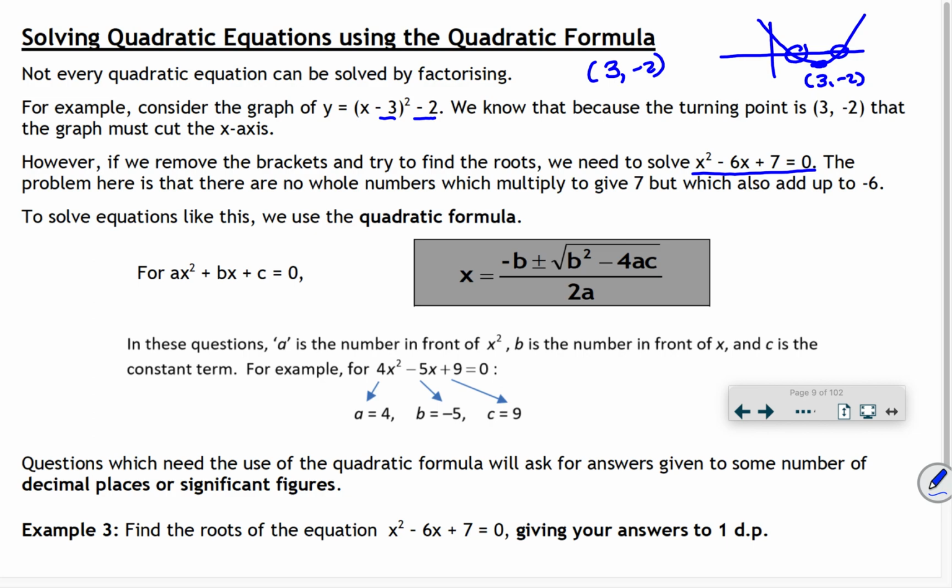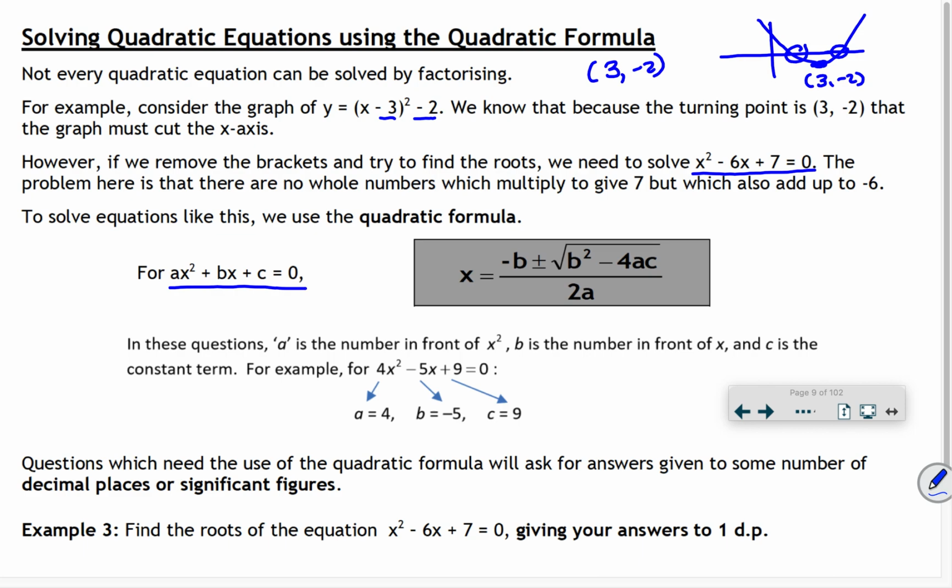In order to use the quadratic formula, we have to make sure that we have the quadratic arranged in the format of ax squared plus bx plus c equals 0. Again, your right hand side must equal 0.